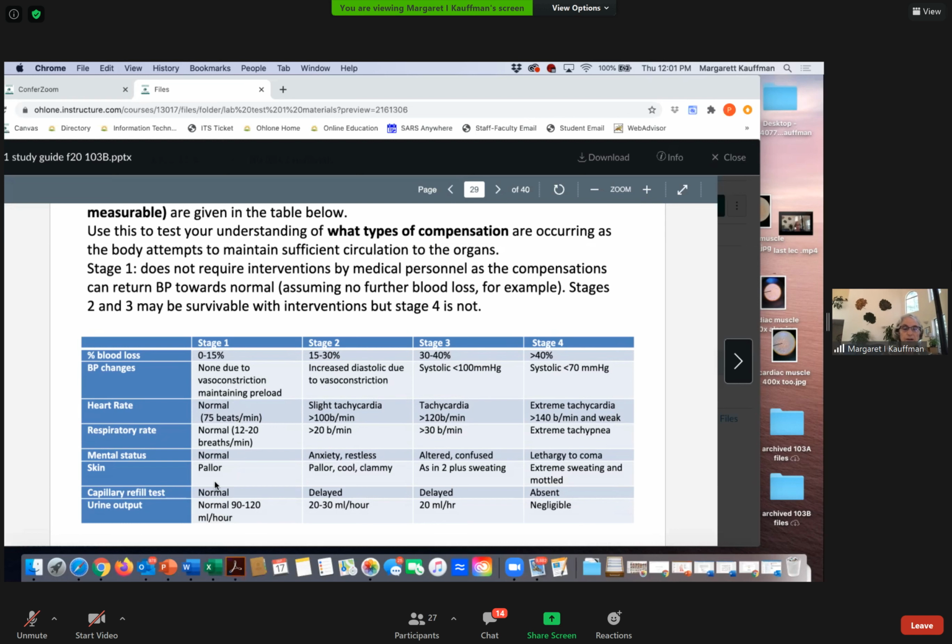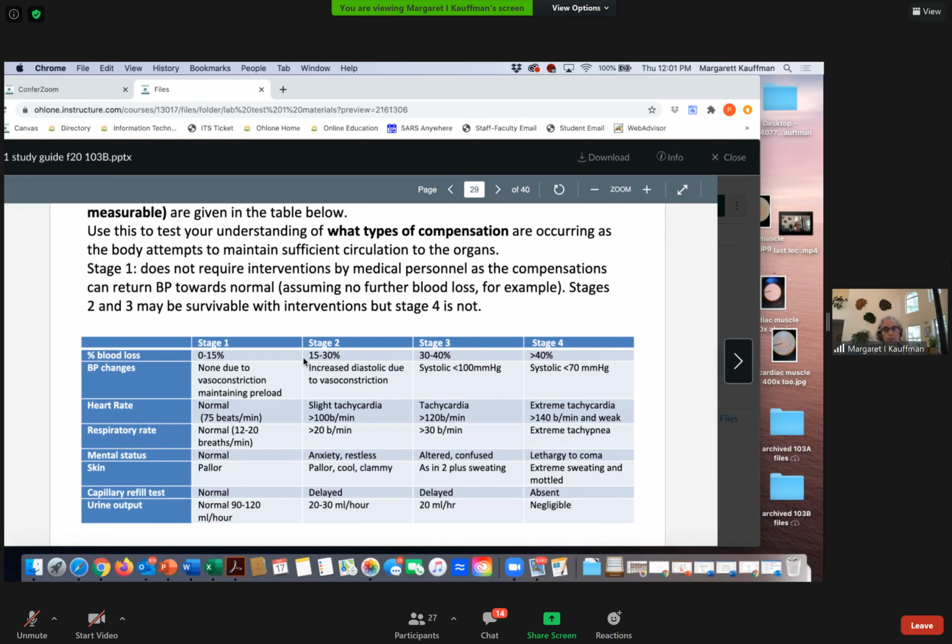They may, however, look pale because where they're getting their extra blood in this case is their skin. They're using that blood reservoir of their skin in order to bring their blood volume back, and they might look kind of pale. But otherwise, they're able to compensate with this.